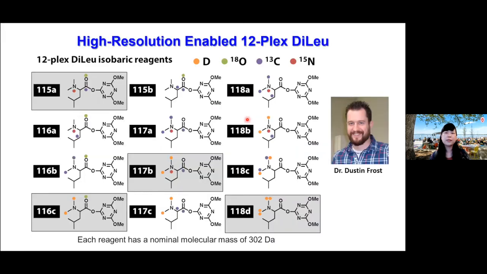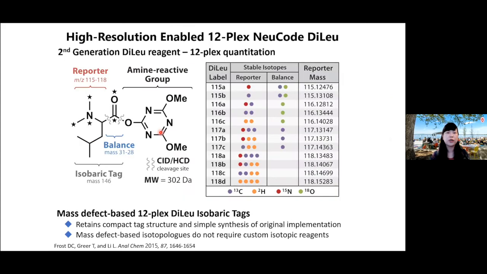Based on this idea, Dustin Frost in our lab designed these 12-plex DiLeu isobaric tag reagents, based on the isotopic mass defect but also on access to high resolution Orbitrap-type instruments. For example, if you look at the 115 A and B, if we substitute the N15 with carbon 13, this would have a 6 millidalton mass difference. Based on this, we can construct this second generation of DiLeu tags.